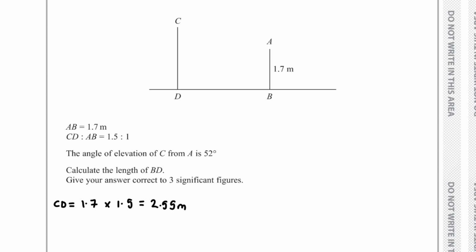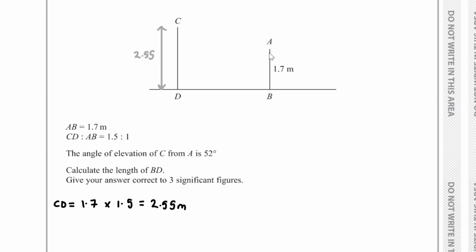Here we have 2.55 meters. And let's take a look at this statement here: the angle of elevation of C from A is 52 degrees.